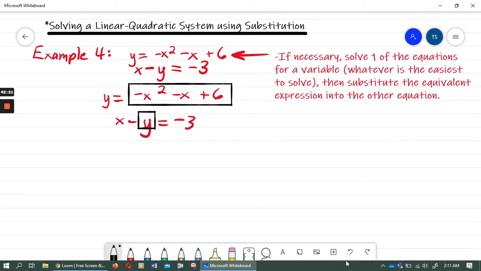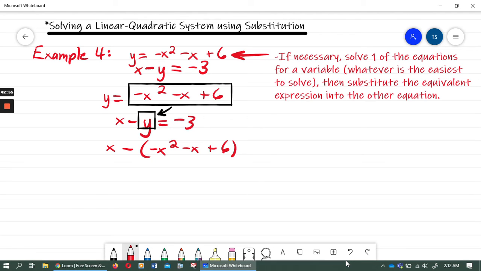Alright, and so we plug that into this equation right here, and we plug it in for y. So when we do that, now we've got this equation x minus, instead of us writing y, we substitute in its place that equivalent expression, which is negative x squared minus x plus 6.